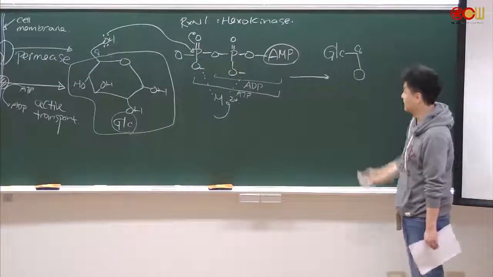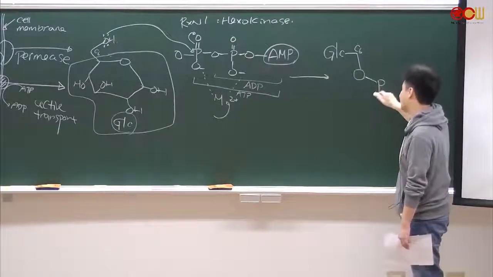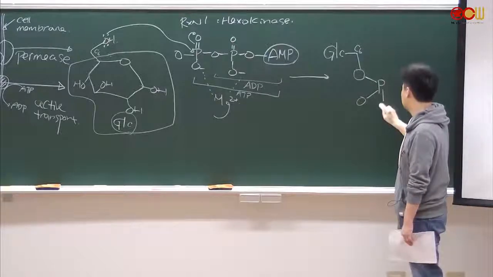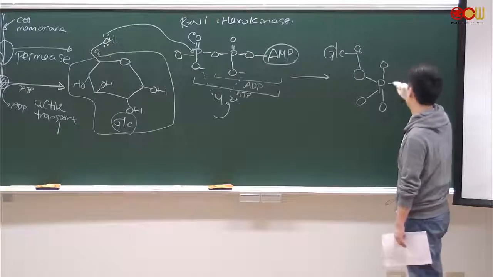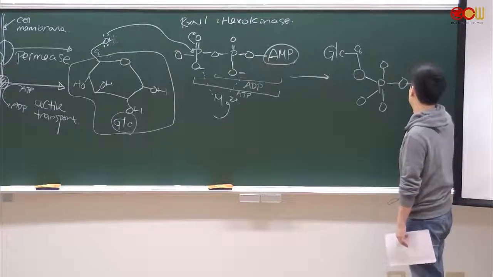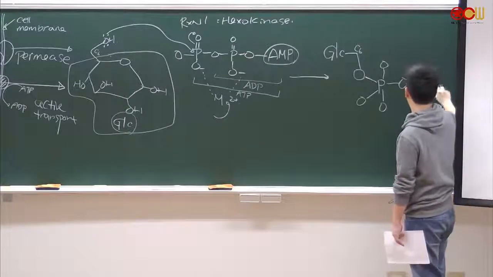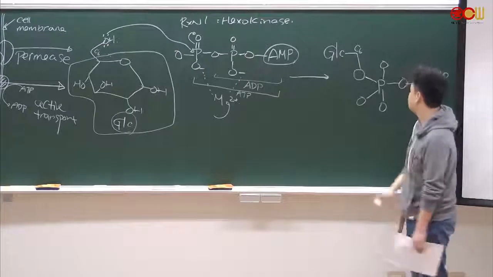The oxygen is going to be attached to a phosphate. And here you have the first O, second O, and third O, another O, P, whatever. So this is AMP.